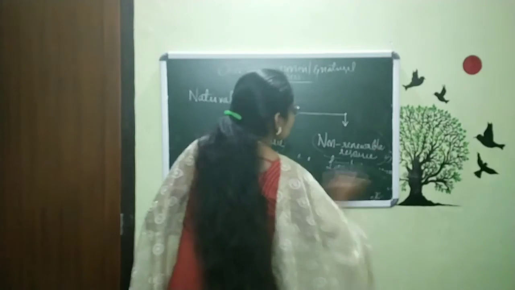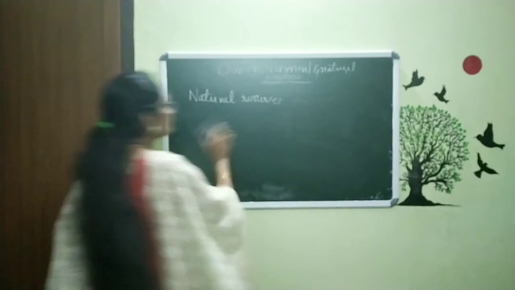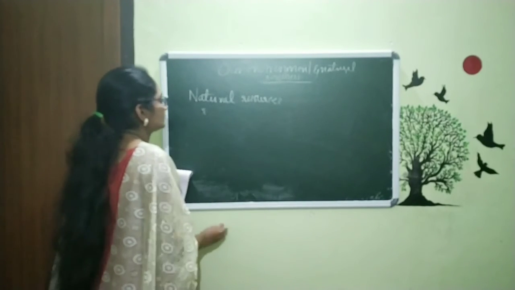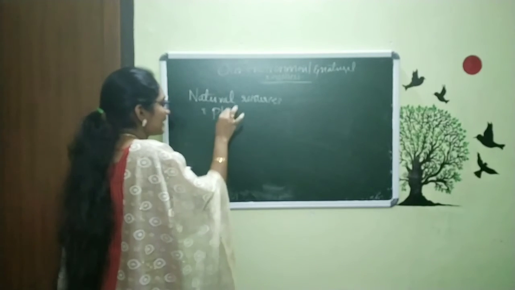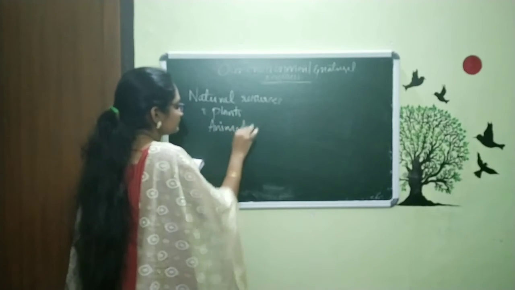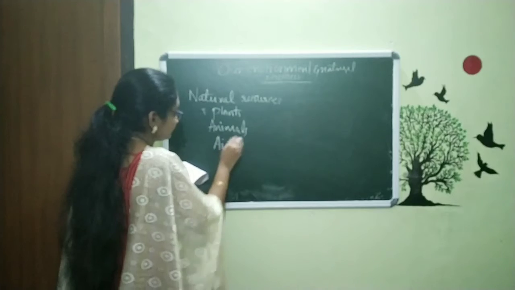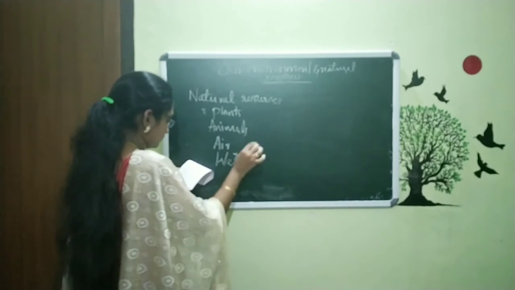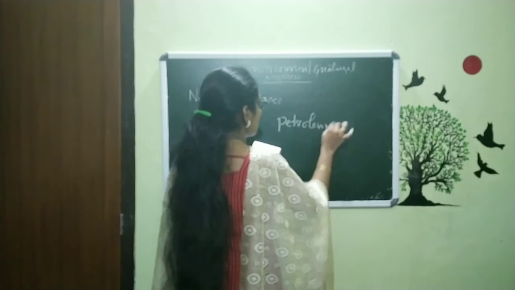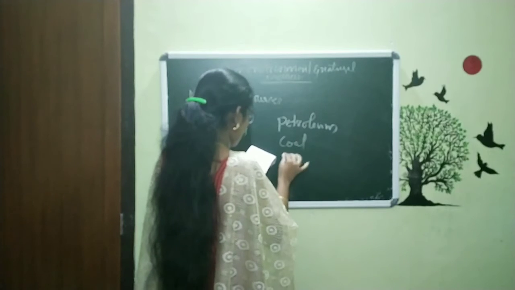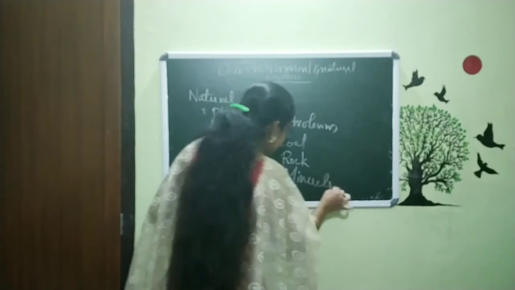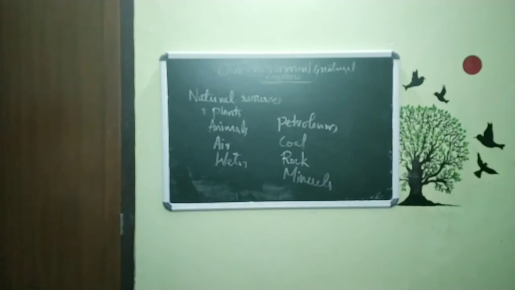As examples of natural resources, just remember some of these: plants, animals, air, water, petroleum, coal, rock, minerals, etc. These are some examples of natural resources.